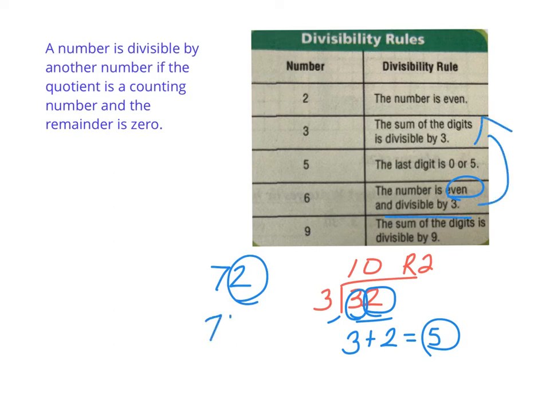So 7 plus 2 equals 9, and 9 is divisible by 3 because 3 times 3 equals 9. Therefore, the number 72 is divisible by 6. In other words, 6 is a factor of 72.